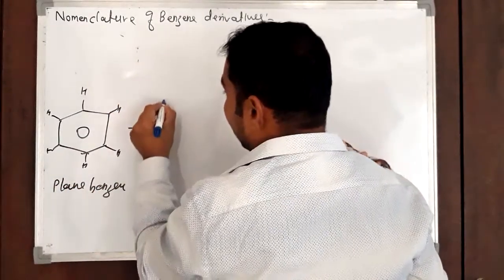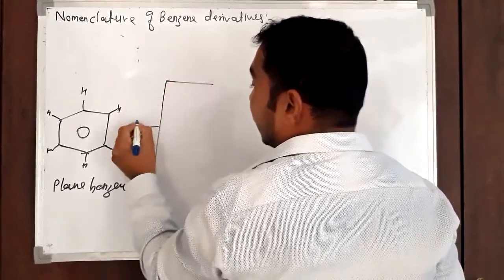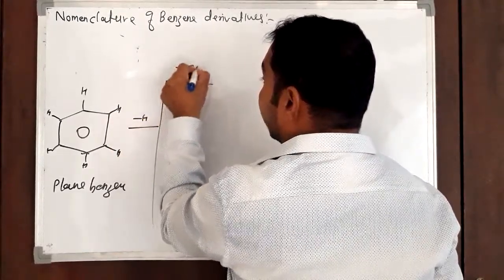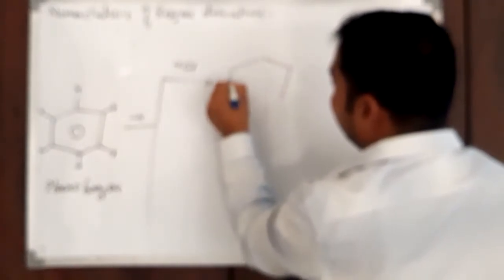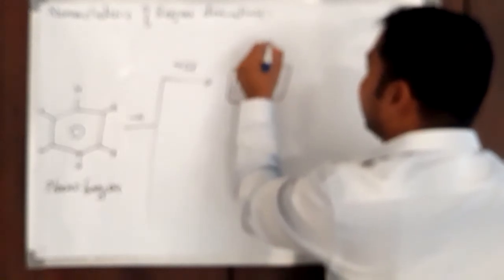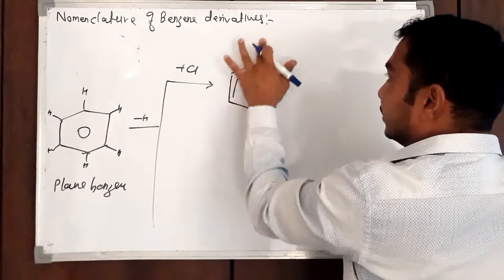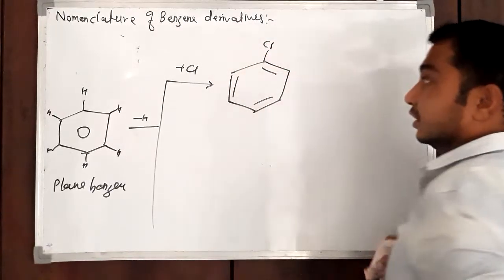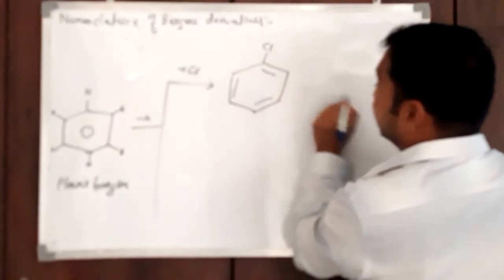Now if I replace one hydrogen atom by chlorine, what do we get? Side by side I will write their common name or IUPAC name. You will get this. Here the hydrogens are present, that I have not written. This is called chlorobenzene.